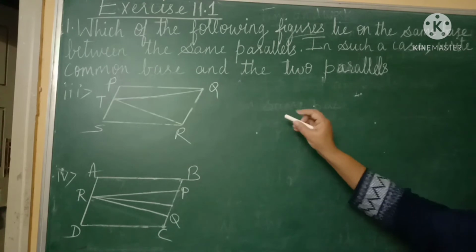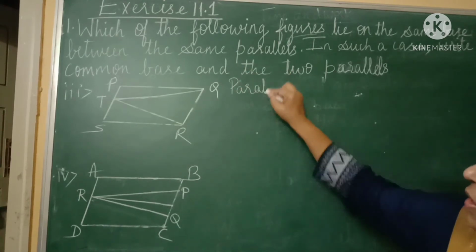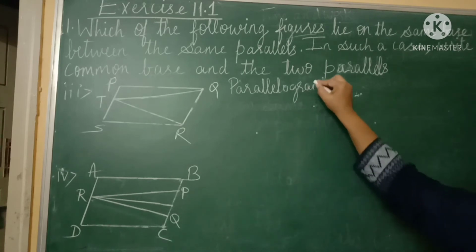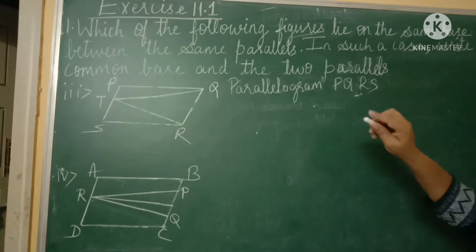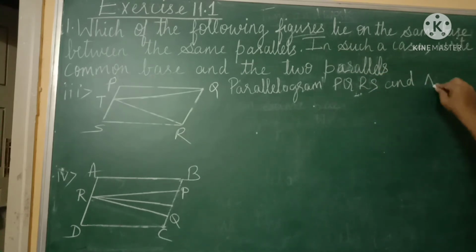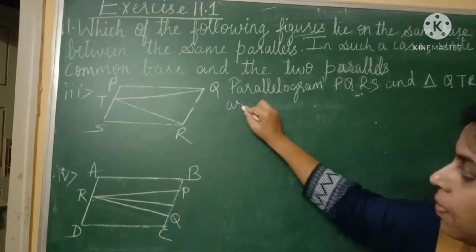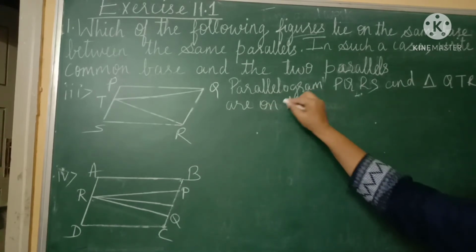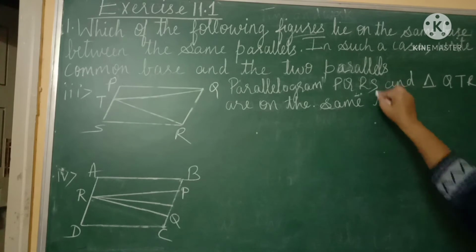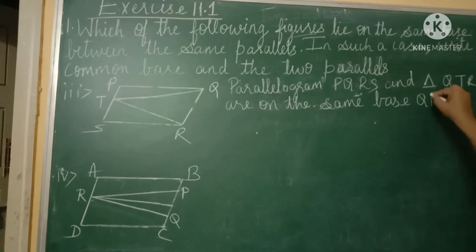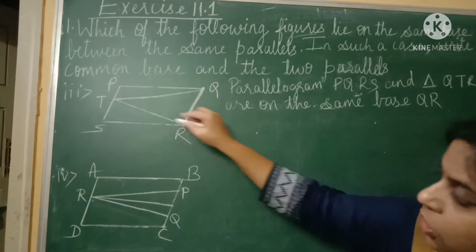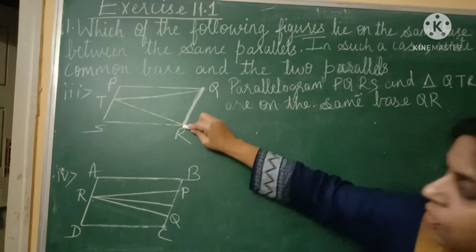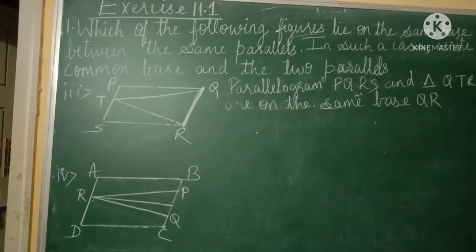If you observe carefully, parallelogram PQRS and triangle QTR are on the same base QR. You can see this is the base for the triangle QTR as well as for the parallelogram PQRS.